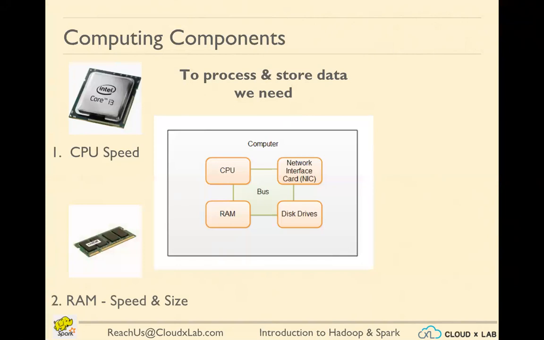The second part is RAM. RAM is random access memory. Instead of sequentially reading data from the disk, we can read data randomly from the RAM.